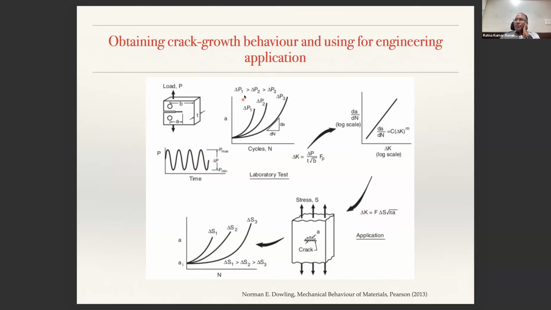If you have chosen delta P1 larger than delta P2, larger than delta P3, for larger delta P the crack growth rate will be higher. That is expected, no? Because you have a larger delta P range and hence the crack grows faster. That is why dA/dN will have a higher slope.